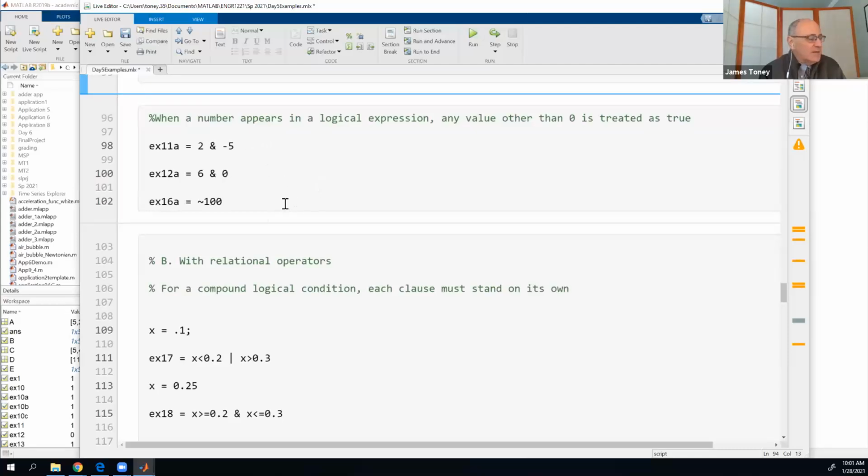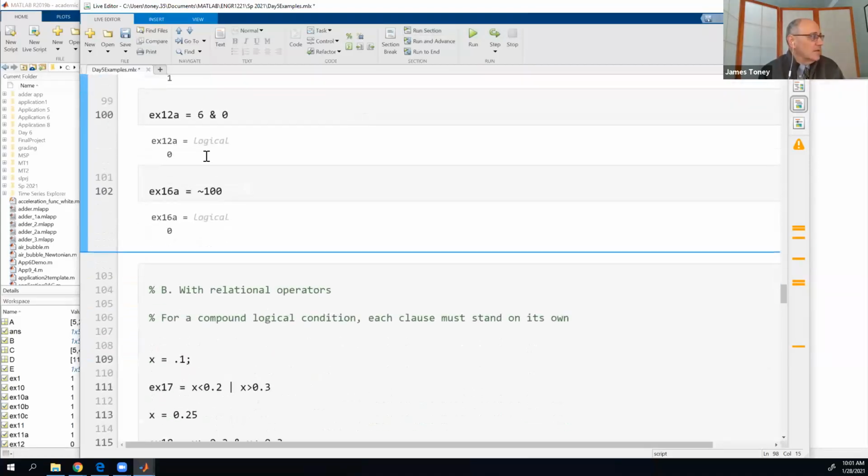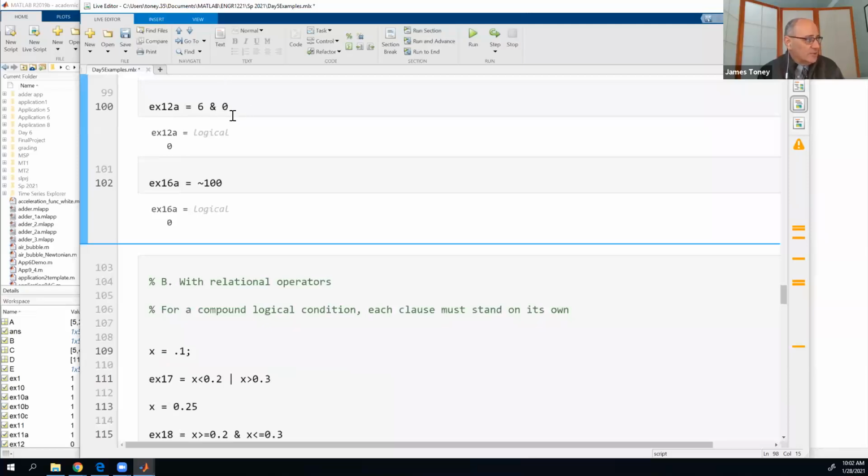Well, it might be unexpected, but MATLAB will treat anything other than 0 as true. All right, so 2 and -5 is the same as 1 and 1 as far as MATLAB is concerned. And it gives you a true. Right, 6 and 0, well, now we've got a 0, so we have a false. So that gives you a 0, false. And not 100. Again, MATLAB just treats this as true. So you take the not and you get false or 0.